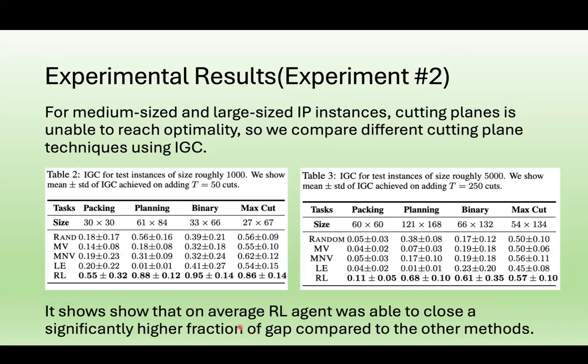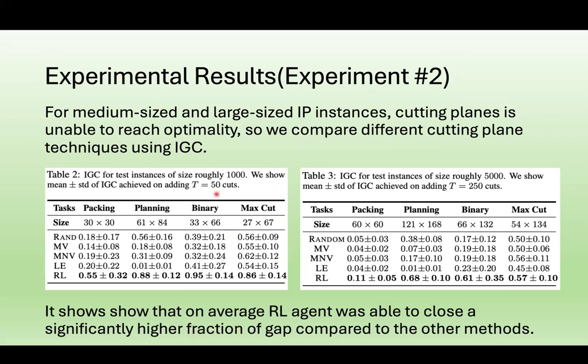Then moving on to IP instances of medium size and large size. In this case, cutting plane alone was unable to reach optimality. So we compared different cutting plane techniques with the integrality gap closure metric.